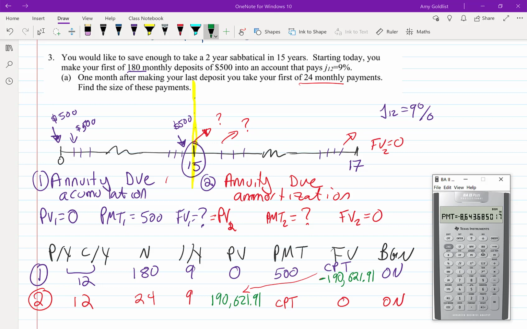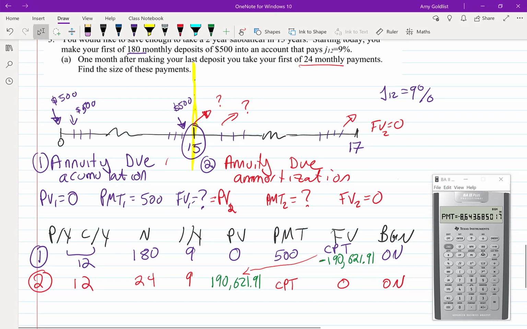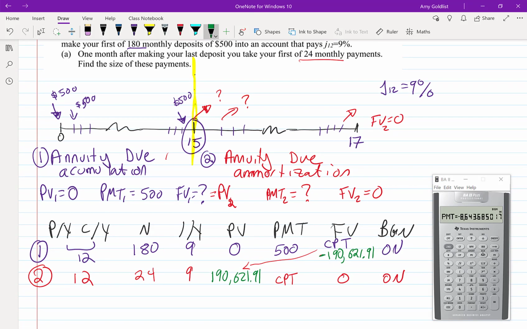I get $8,643.68. So we will have $8,643.6869 per month. That's a pretty good amount to live off of.